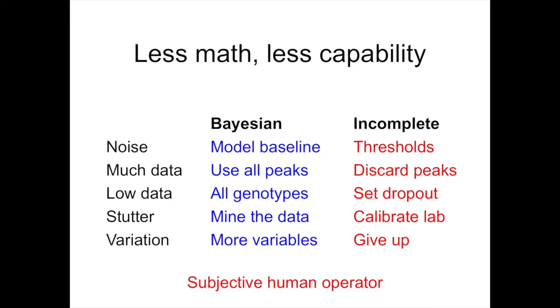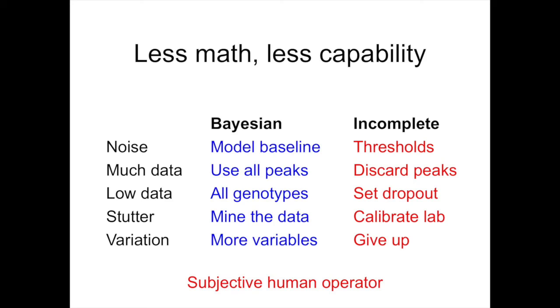However, some genotyping software implements less mathematics. Removing sections of math from a Bayesian system diminishes its capability. When the baseline isn't modeled, people instead apply arbitrary thresholds. When not using all the peaks, analysts discard data. When considering only some genotypes on low-level data, human operators set dropout levels that reduce exclusionary power.